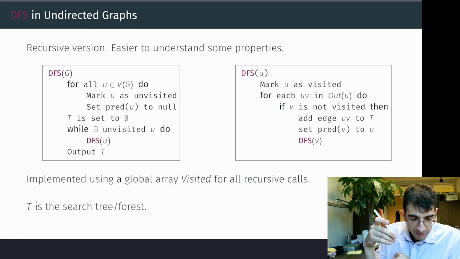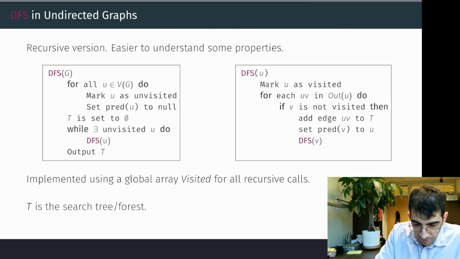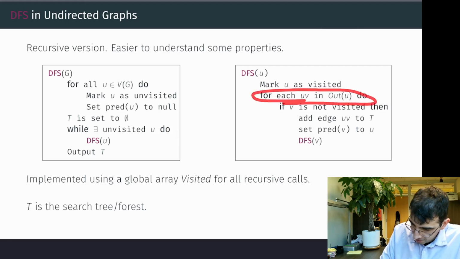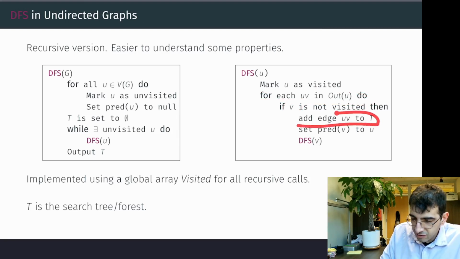All depth first search does is, given a graph G, assuming it gets a vertex U, it marks U as visited, and then for each edge going out of U, if that vertex has not been visited yet, then it marks that edge for a tree. We'll discuss the tree in a moment.